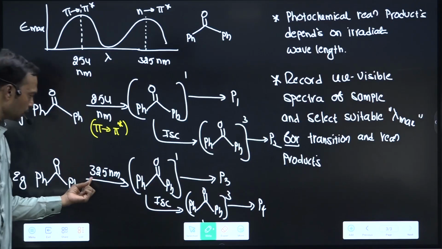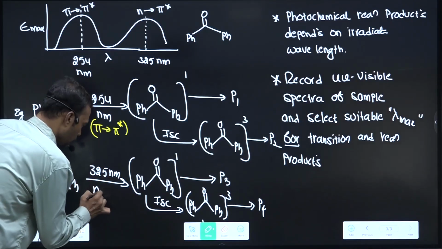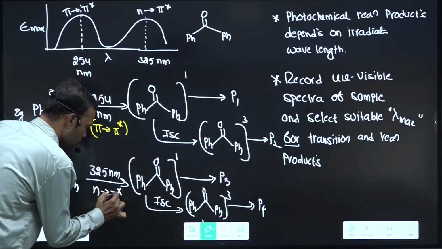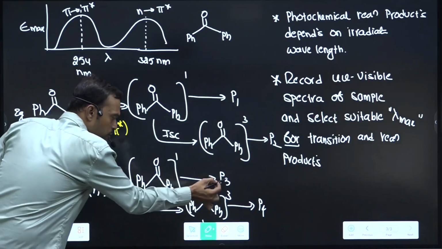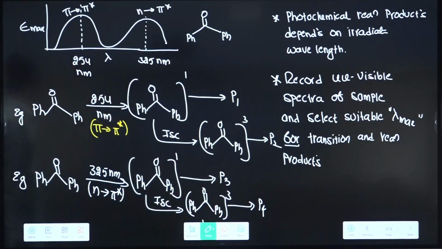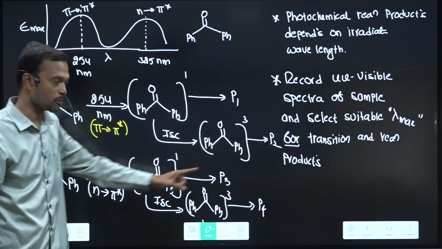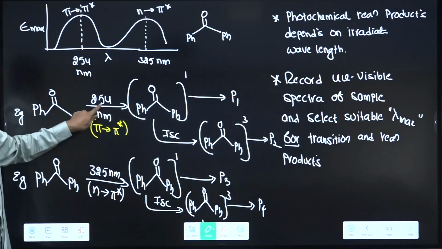But see, 325 nanometers, which transition? 325 nanometers is the n to pi star transition. N to pi star singlet gives this product, n to pi star triplet gives this product. That's why many products are possible. Now these products depend upon the irradiating wavelength.